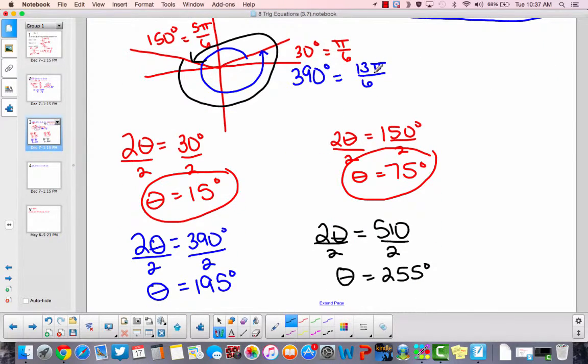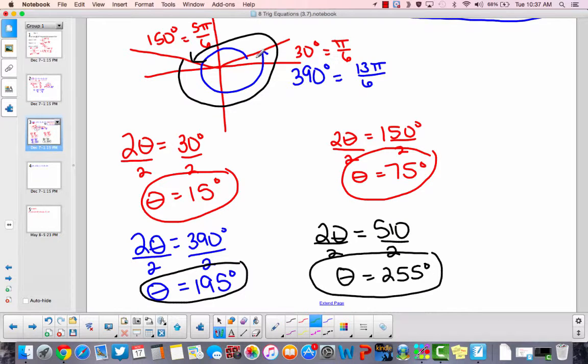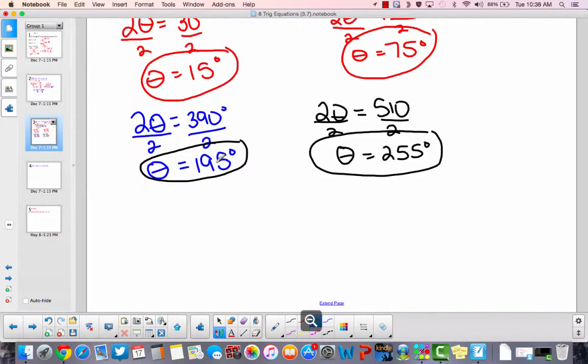Okay, so could we go around the circle one more time? So we have this as an answer, and we have this as an answer. Let's try going around the circle another time. So at 390, I go around the circle one more time, and I have 390 plus 360, which would say 2 theta would be 750 degrees.